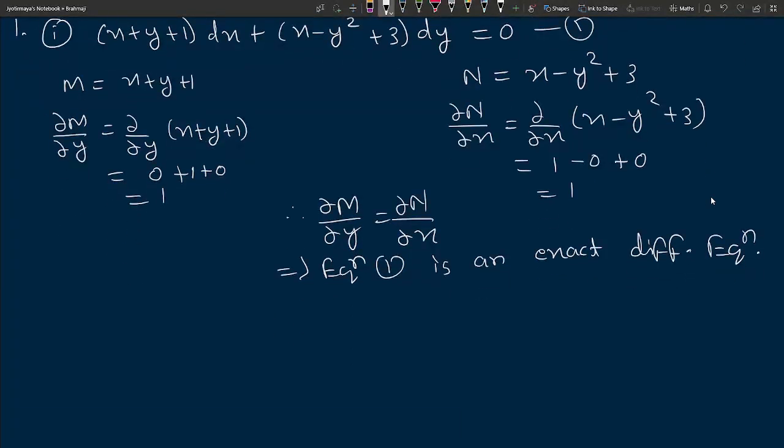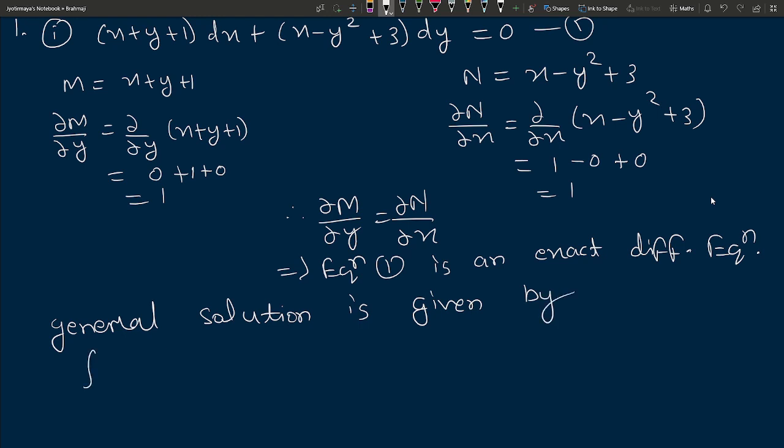Now if equation 1 is exact, how do we solve it? Its general solution is given by, first I will write the result: integration of M dx plus integration of N dy equal to c.